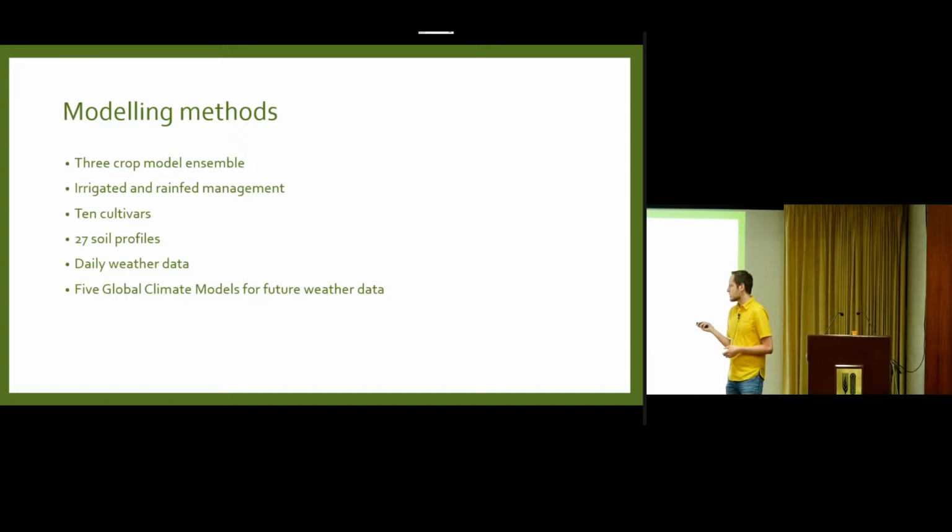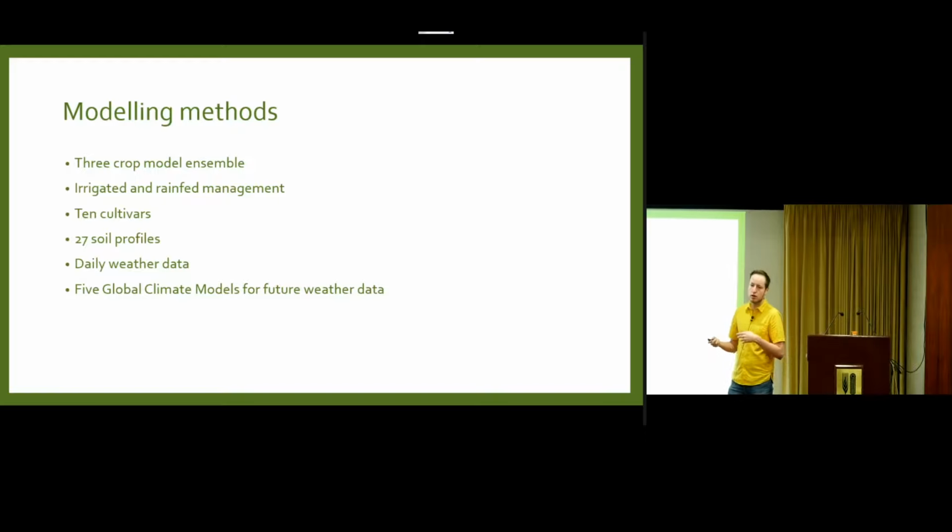We used 10 different cultivars, 10 different genotypes that depend on the environment. So you'll have a different genotype in a hot and wet environment than in a dry and cold environment. Throughout the region, we had 27 different soil profiles, which the crop models take into account.